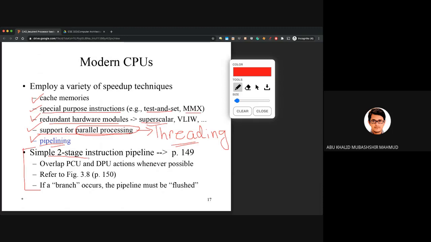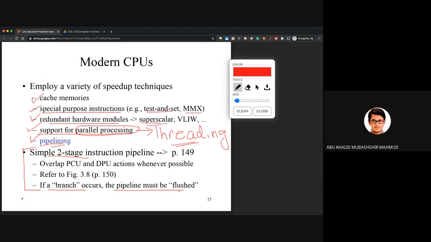So simple two-stage instruction pipeline, we will get to the figure there. Two-stage pipeline consists of fetch and execute. We will see in a little bit. Now, what happens if a branch occurs? The pipeline must be flushed.